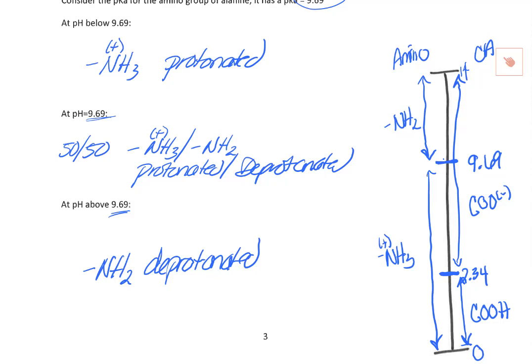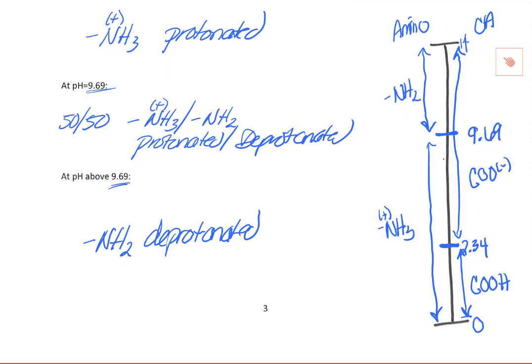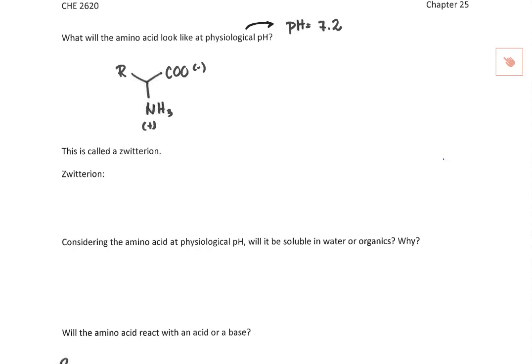So let's go to that following page. Let's assume physiological pH is right around 7.2. The question becomes, what will the amino acid look like at physiological pH? And I drew it here for you.